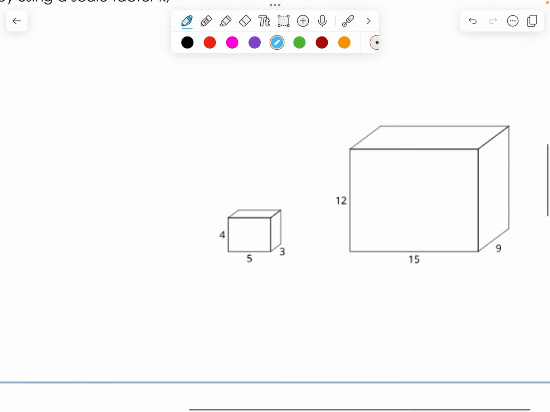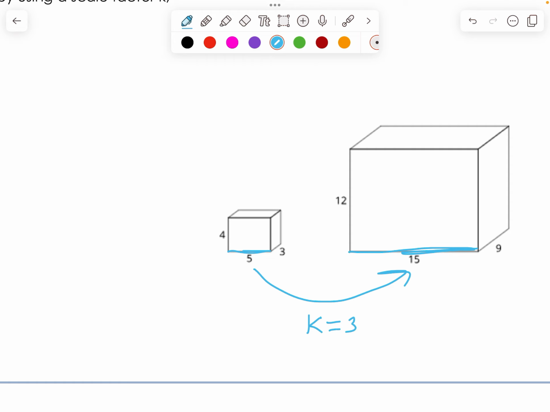And just looking at this for fun right here. If we match up these two sides, you can see K is 3. For fun, because math is fun.